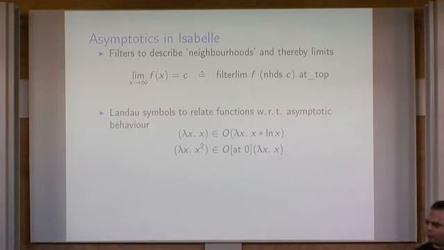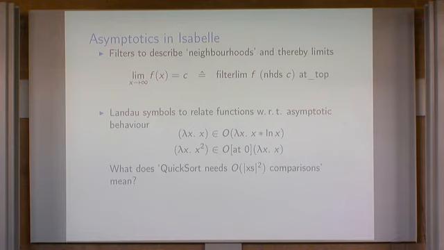And then recently I found another curious little thing, which is in textbooks you often read things like quicksort needs O of n squared or O of length of x squared comparisons to sort a list. The question is, what does that actually mean? So usually you mean like worst case complexity. The worst case cost of quicksort is big O of this thing.